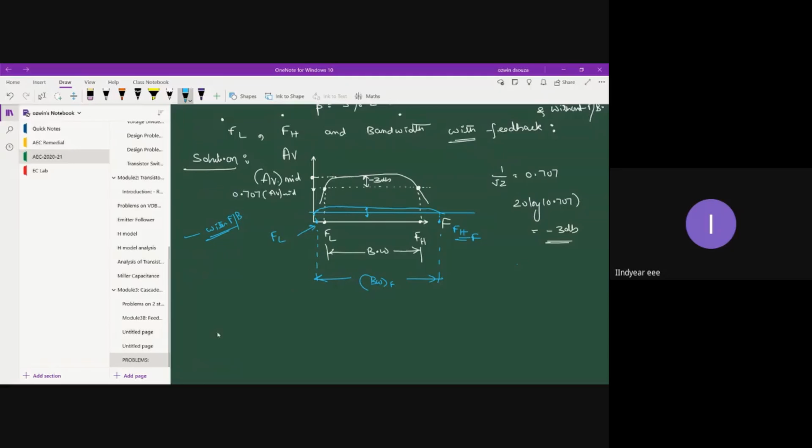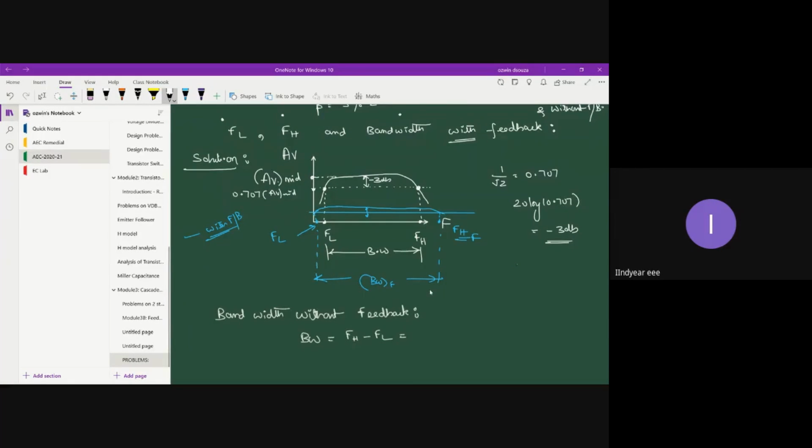All right, fine. So first, let us consider bandwidth without feedback. Let us take it as BW, which is equal to FH minus EFH.